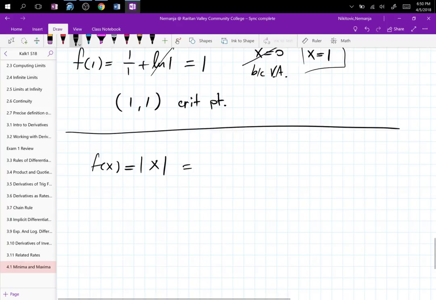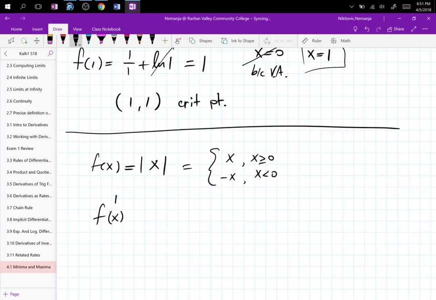So the definition for absolute value of x is x for all x bigger than 0 and negative x for all x smaller than 0. You can put equal anywhere. So the derivative of x is 1 for all x bigger than 0, and the derivative is -1 for all x smaller than 0.